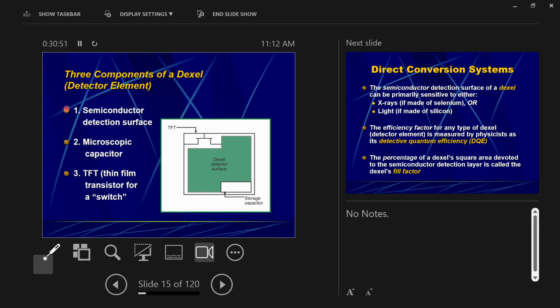If visible light hits them, no electric current is created, okay? But if an X-ray photon strikes this detector surface, it generates a tiny amount of electric current. And the more X-ray that strikes that detector surface, the more electric current that's generated, okay? So a semiconductor, again, is a material that can conduct electricity under special circumstances, okay?